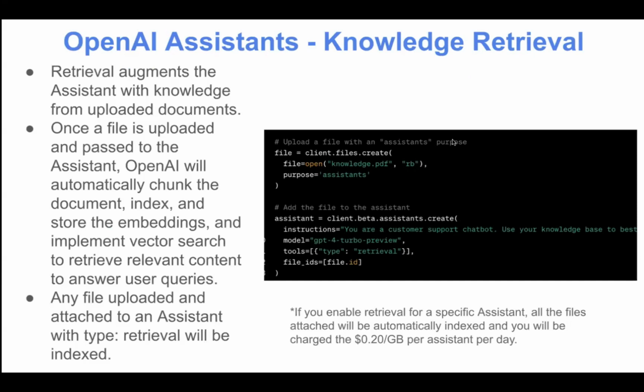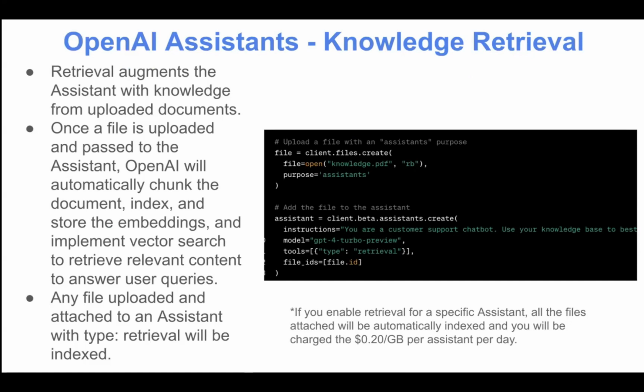So, knowledge retrieval, which I talked a little bit about before. This is basically going to help augment the knowledge of our assistant with information from an uploaded document. When we upload a document or a file and then attach it to an assistant that has one of these tools, the same tools array that has all your functions in it, if it has one that is for retrieval, then that file is going to be chunked, indexed, and stored as embeddings.